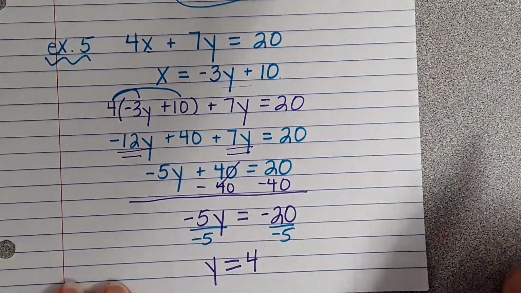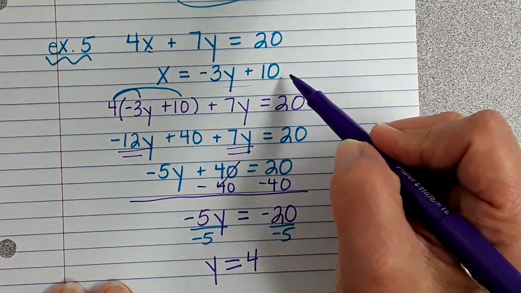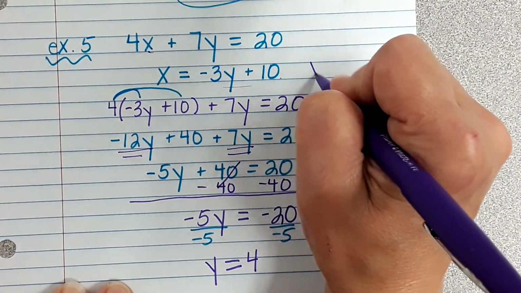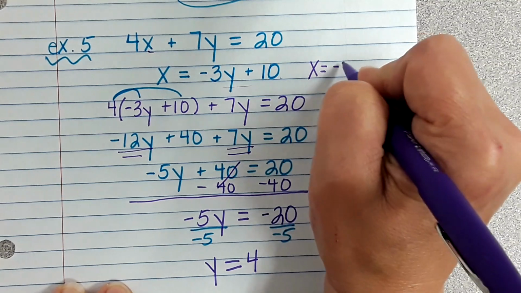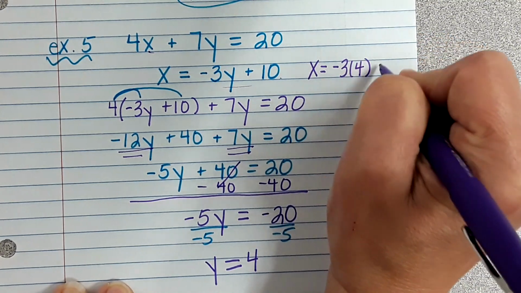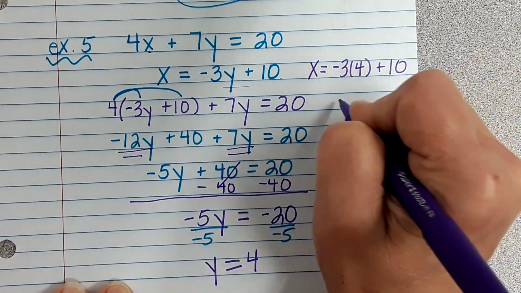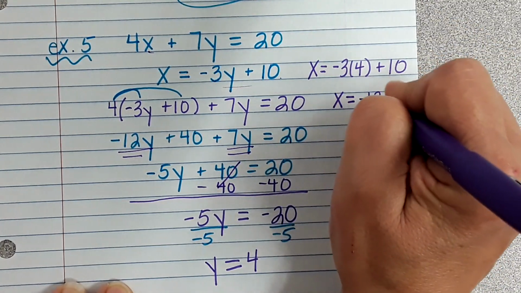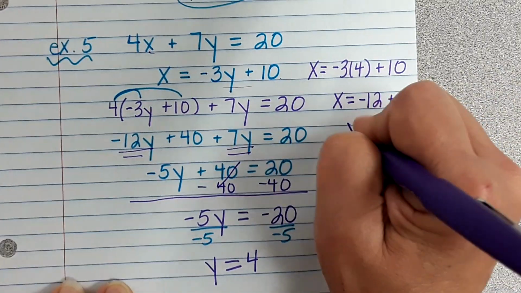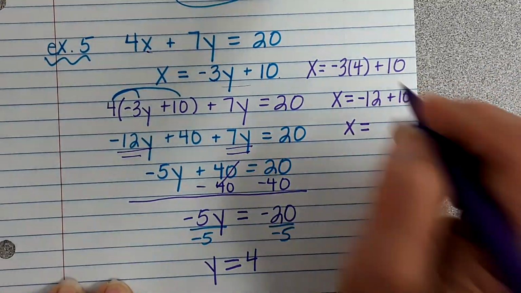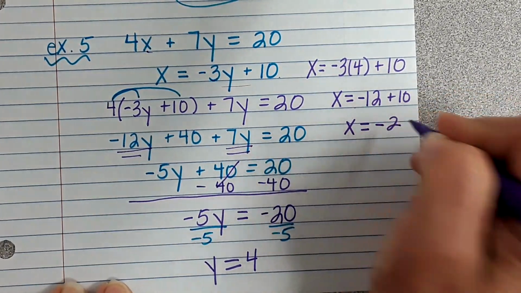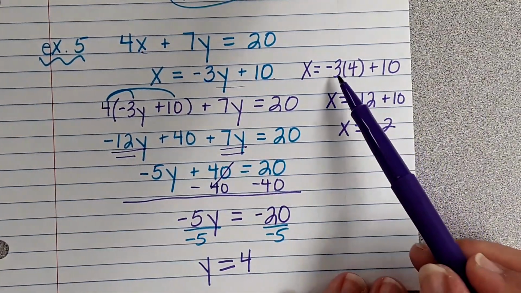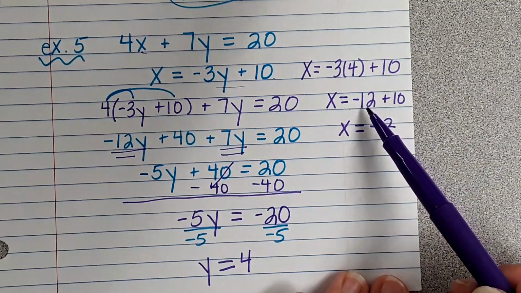Where are we going to plug y into? The top equation or the bottom equation? The bottom one, because x is by itself. So we're going to do x equals negative 3 times 4 plus 10. So negative 3 times 4 is negative 12.